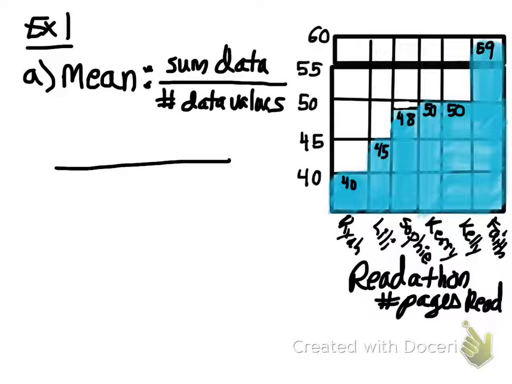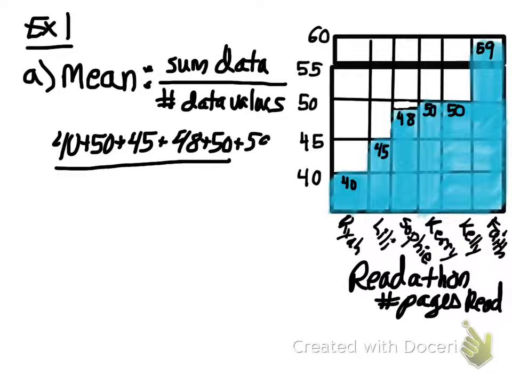So we're going to add 40 plus 50 plus 45 plus 48 plus another 50 plus 59, all divided by, we have 1, 2, 3, 4, 5, 6 girls that read.